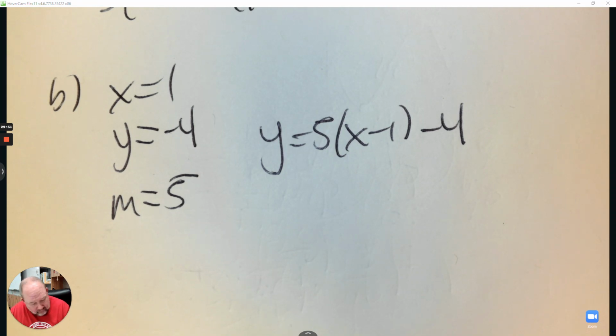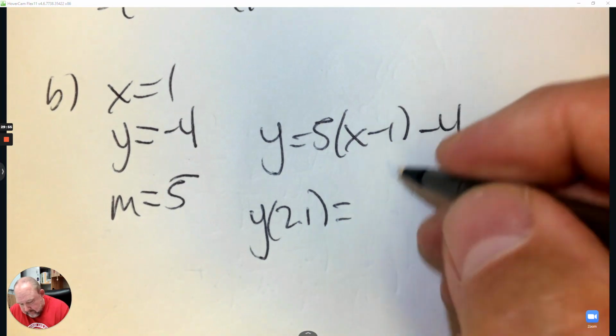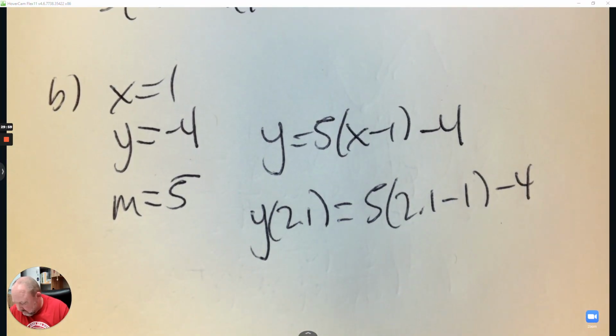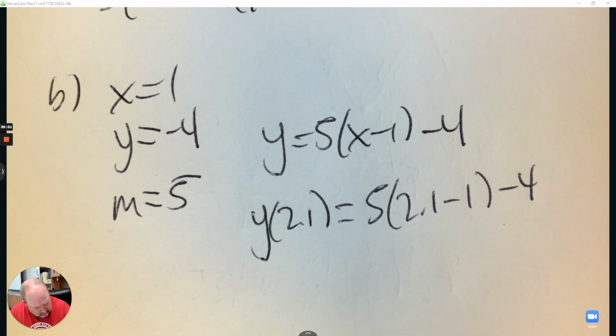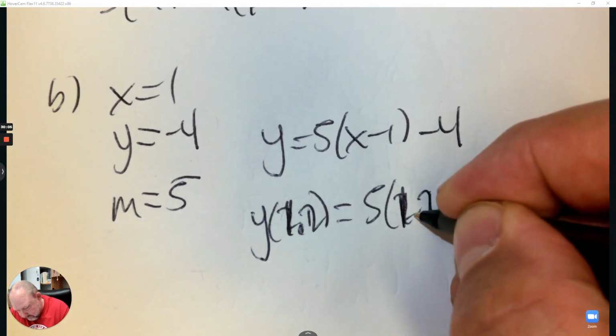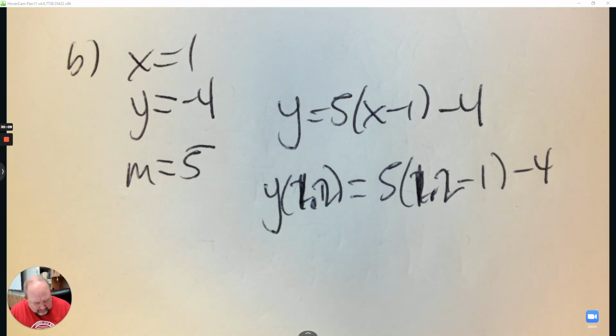And then it says use it to approximate, so just plug in 1.2. So 5 times (1.2 minus 1), take away 4. You don't have to simplify it. There it is. Not too bad.